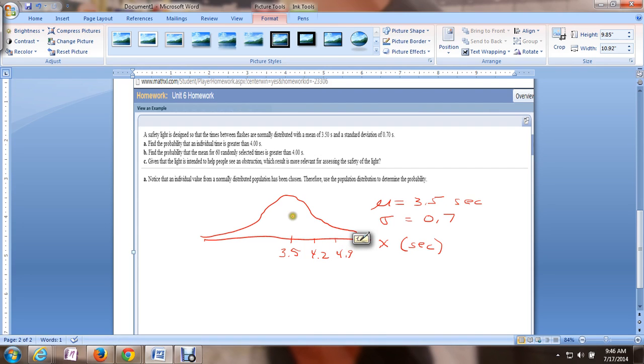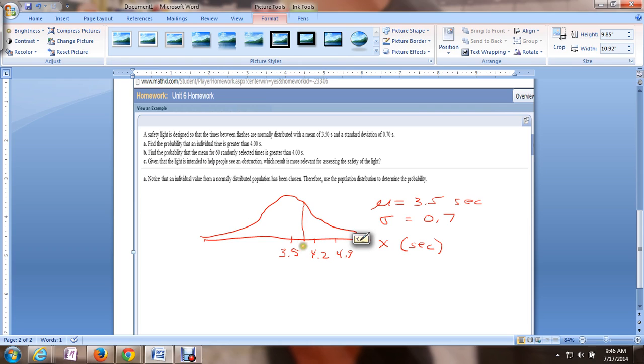We do that just to give us a reference, because in part A it asks what's the probability that an individual time, one time, is greater than 4 seconds. So we know that 4 seconds is right in here someplace.